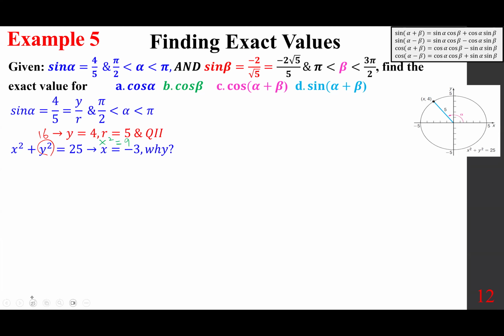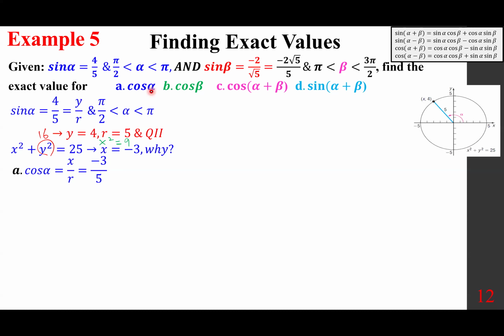So there are two answers for X, positive or negative 3. However, in the second quadrant, we should know it's negative. So cosine alpha is x/r, makes it negative 3/5. So that's one way to do it.